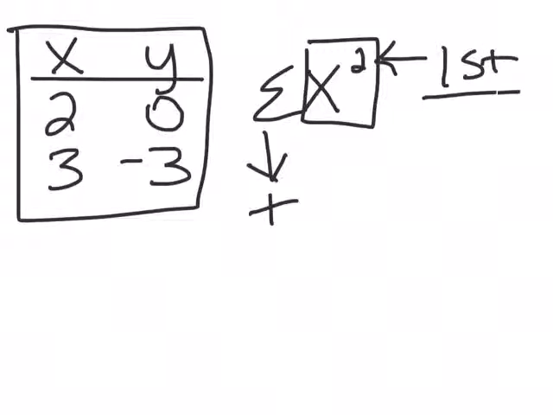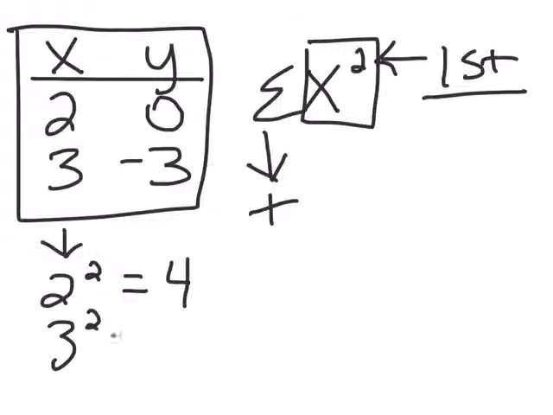This is key. When we have x squared, what it's stating is take every x score and square it. So here are our x values. We're going to take 2 and square it, and take 3 and square it. So we have 4 and 9.